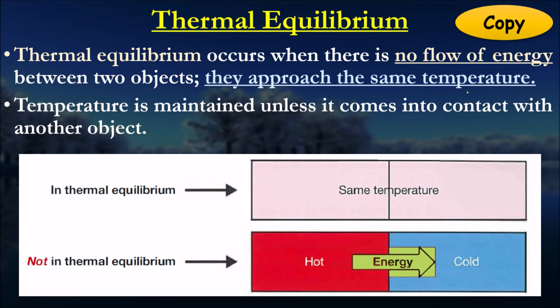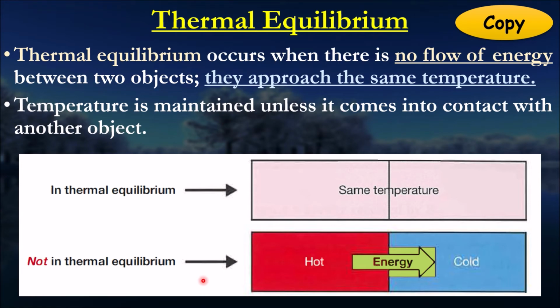They approach the same temperature. Or you could say the transfer of energy is at equal rates to each other. The temperature is maintained unless it comes into contact with another object. So thermal equilibrium means both objects have the same temperature.